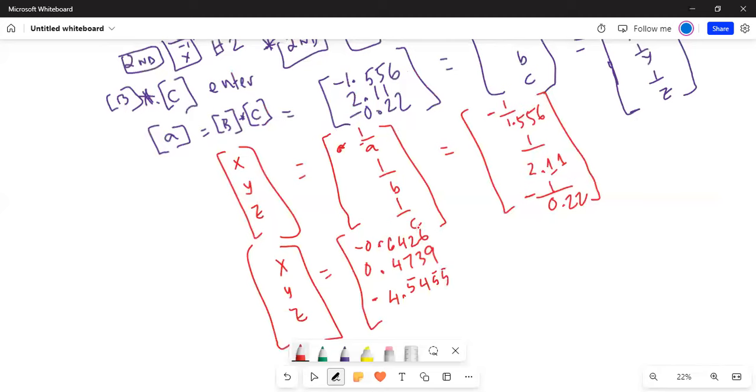So this is your actual solution matrix for X, Y, and Z.